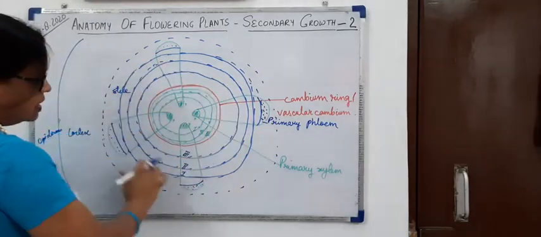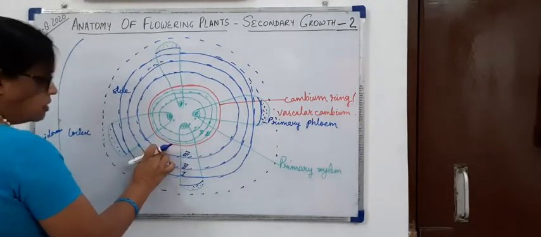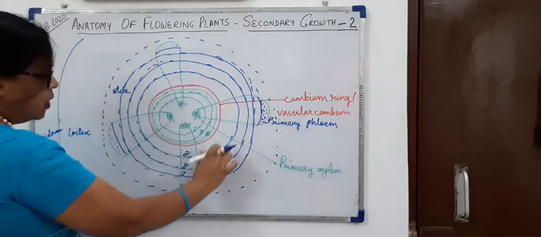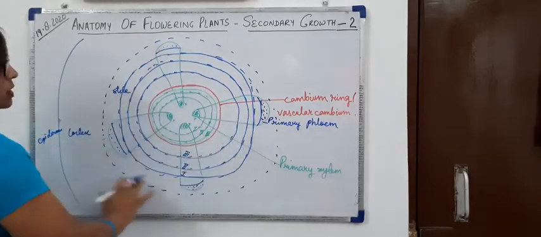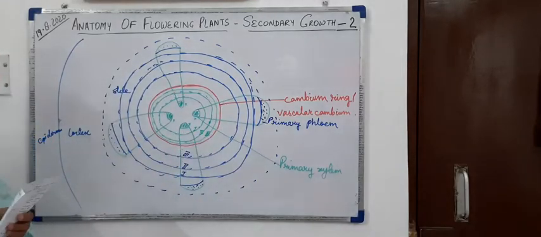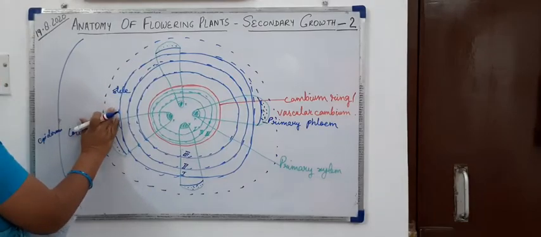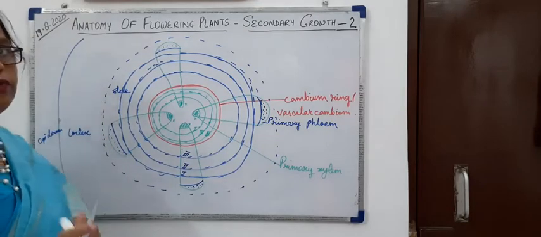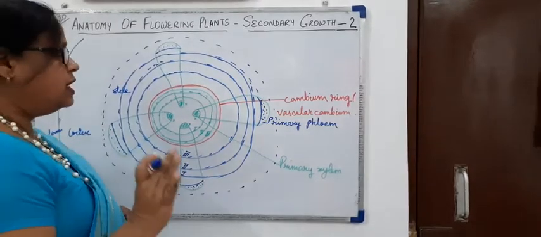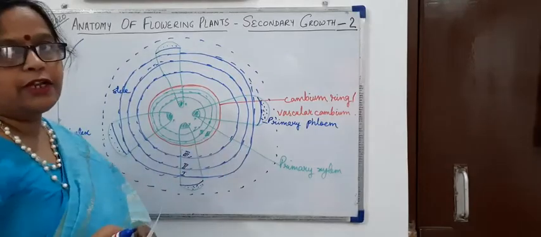So like this, the rings are being formed by the activity of vascular cambium, and it causes the growth in the diameter of the stem. So this growth is the growth due to activity of vascular cambium, and this growth in diameter takes place only in the stele region.